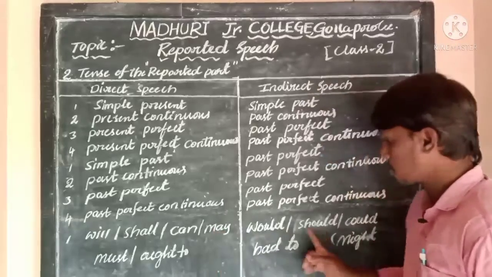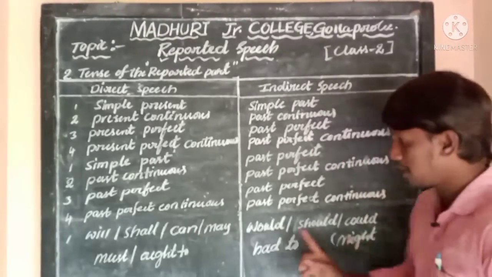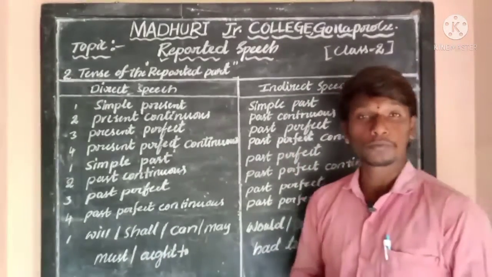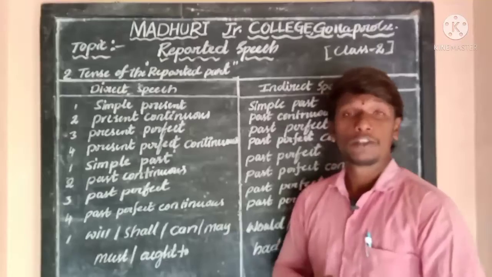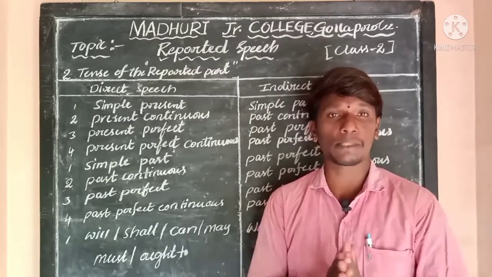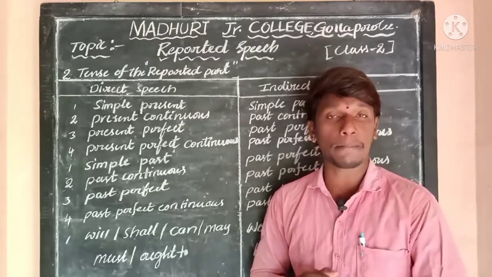Shall becomes should, can becomes could, may becomes might, and must and ought to become had to. So this is how you need to change a tense from direct speech into indirect speech, changing the pronouns. This is very important.